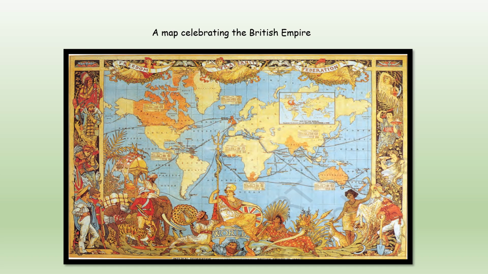Then we have the colonies, which are represented by elephants, tigers, primitive men, etc. So in short, we can conclude that this map is telling us about the British domination throughout the world in the 16th, 17th and 18th century.